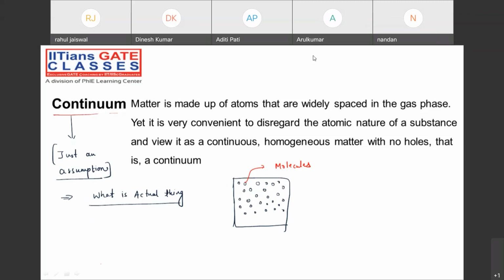Yes. When you can see the gap or empty space between these molecules, this gap is empty space. When you see very clearly with your own eyes that there is empty space between the molecules, then how can you say that the matter is continuous?